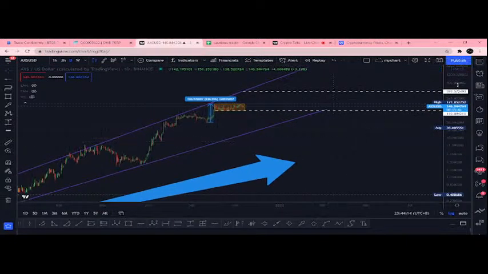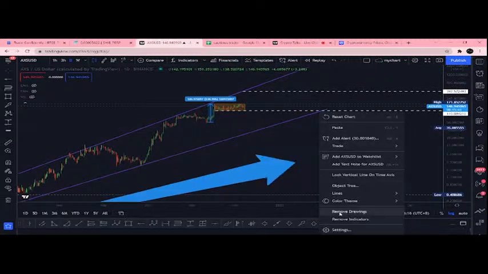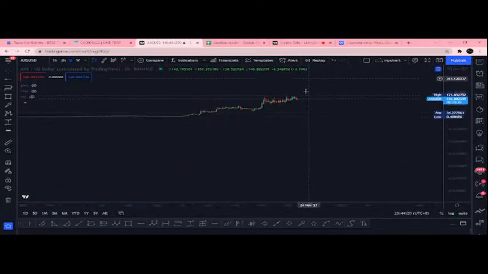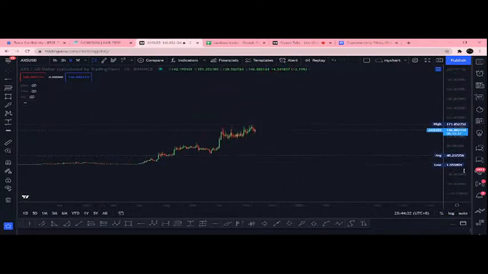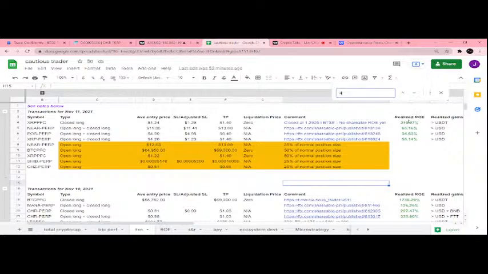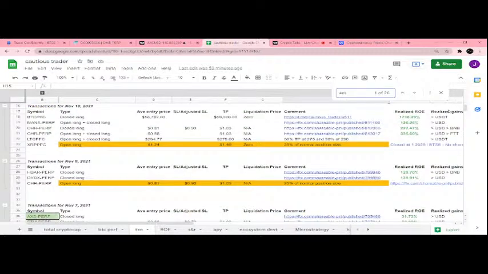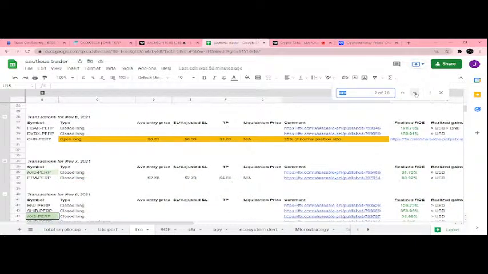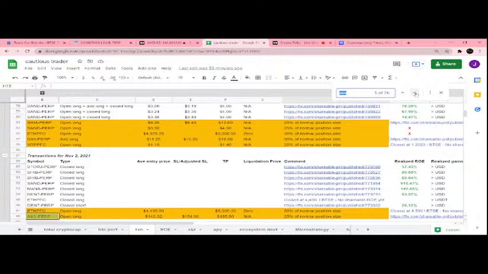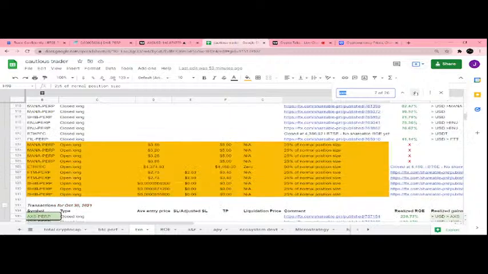Then we'll remove that and let's look at the regular chart. So that's my long-term take on Axie. And that's why I also set, I don't know if there is some Axie here. Let me check. Some of which I settled in USD. I don't know what type of settlement this is.